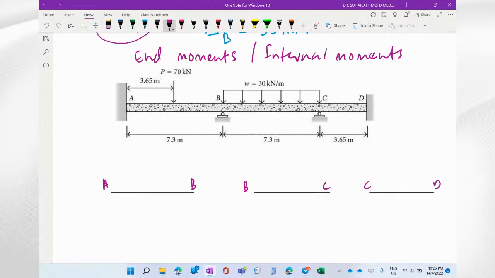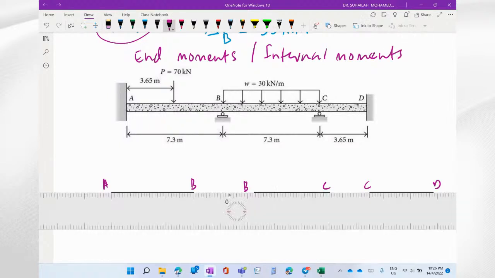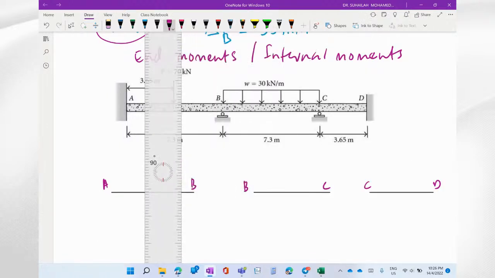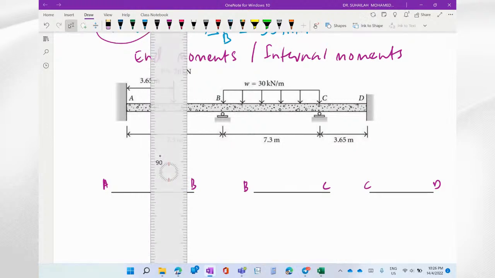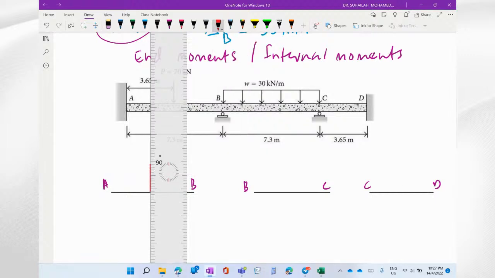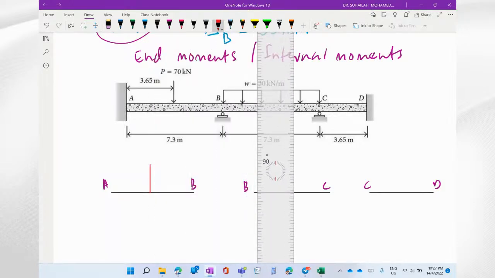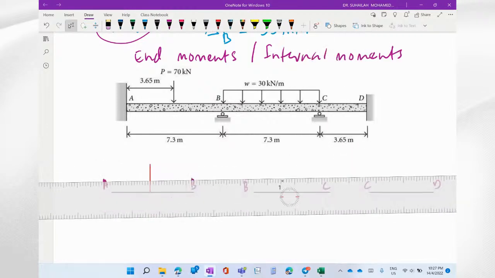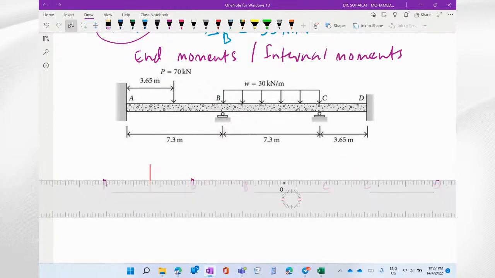Member AB is subjected to a point load at the center. It is like this, a point load at the center. And then member BC is subjected to a UDL along the member.